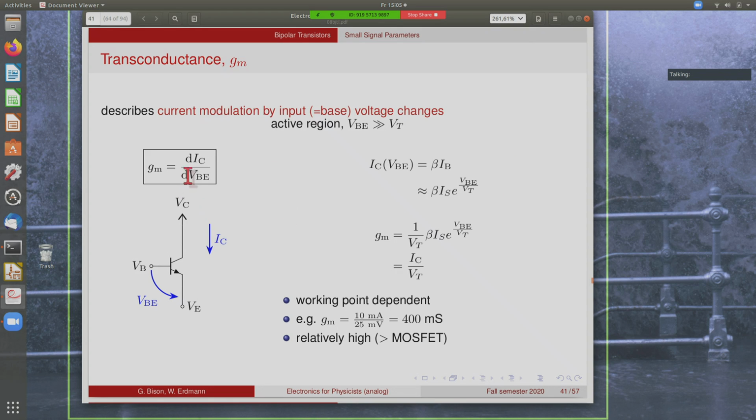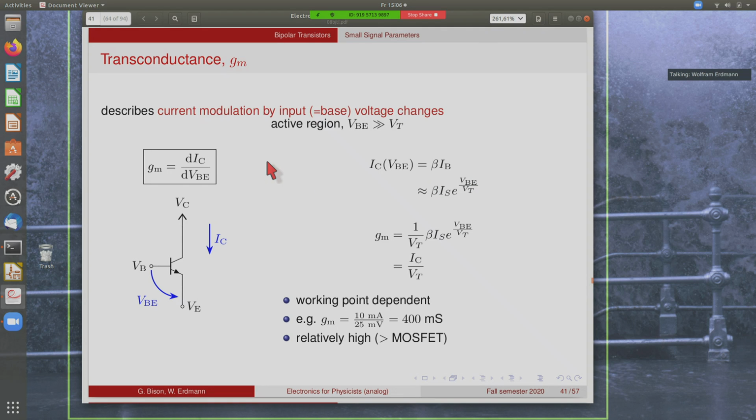So GM is this derivative, and if we use this transistor characteristic, so collector current is current gain times some saturation current multiplied by the exponential of VBE divided by VT.